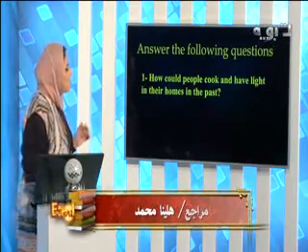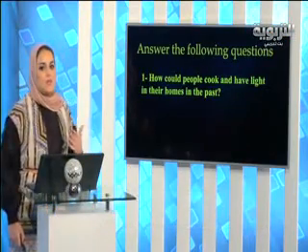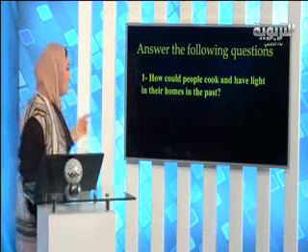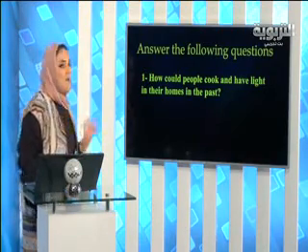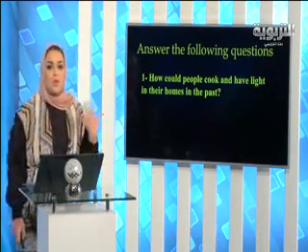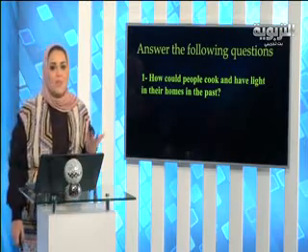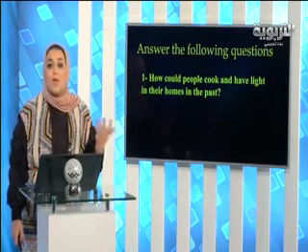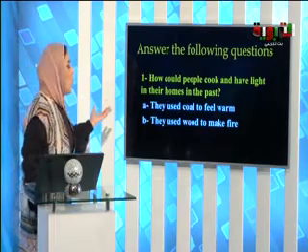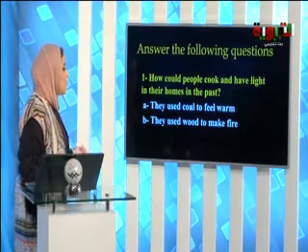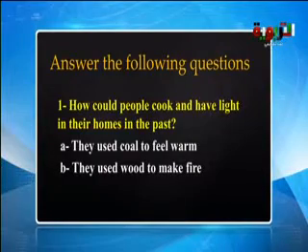Okay. I want you to answer this question before we start discussing our new words. How could people cook and have light in their homes in the past? So, your grandparents, for example, how did they cook without having electricity? Well, they used coal to feel warm, and they used also wood to make fire.